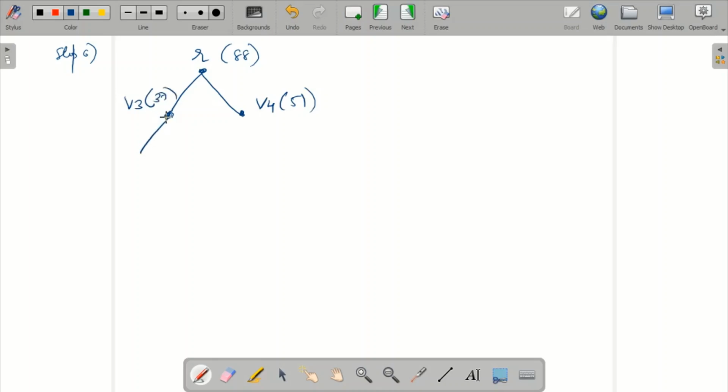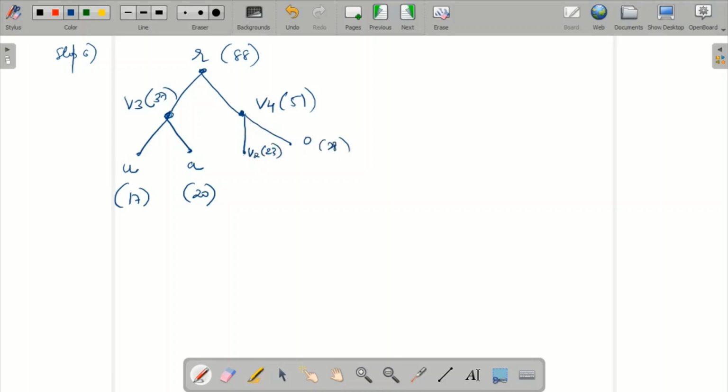For V3 again you had two branches, that is U and A, giving 17 and 20. And then for V4 51, over here you have O as well as V2. I mean V4 again had two branches, V2, which is 23, and O, which is 28.